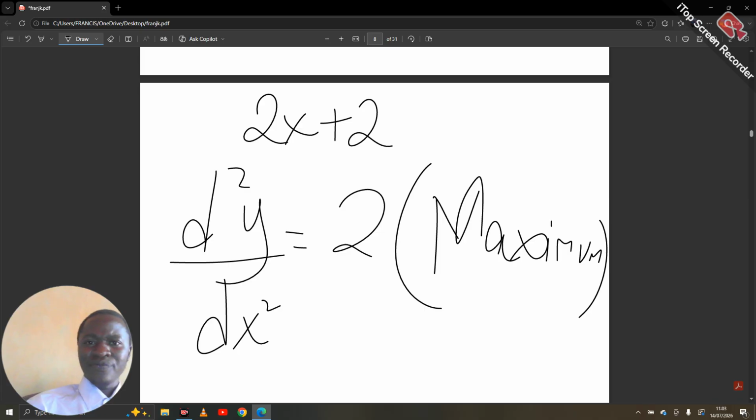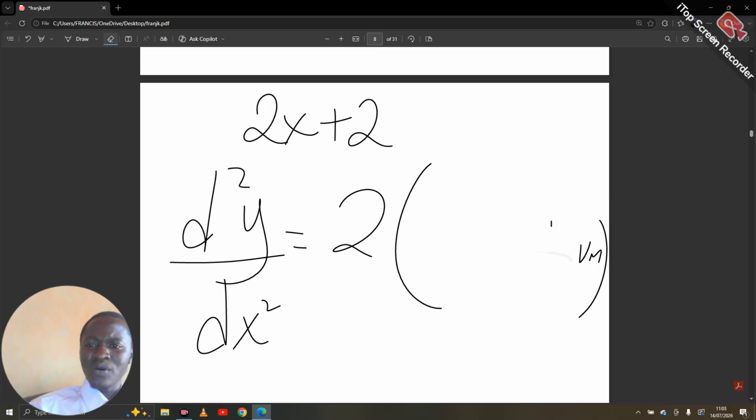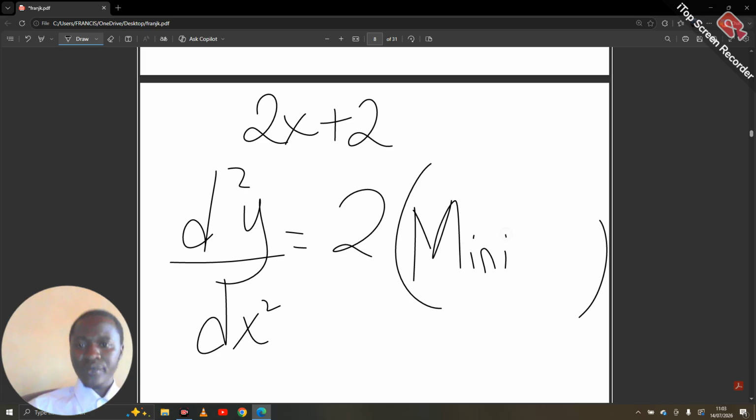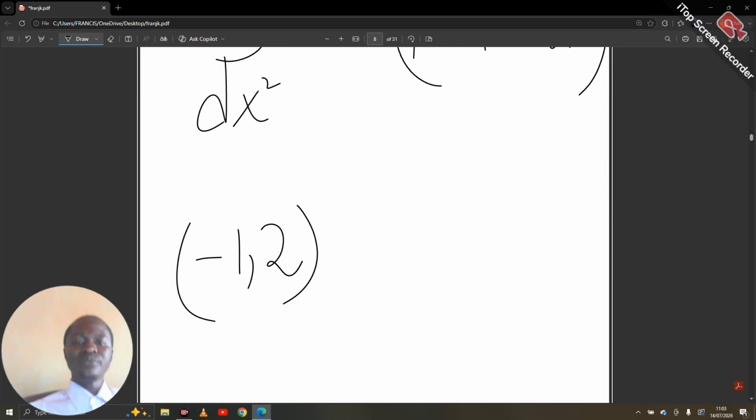This is positive. So it is minimum, not maximum. Remember, negative goes hand in hand with maximum, positive with minimum, 0 with point of inflection. So I'm sorry for that. So yeah, we have minimum.